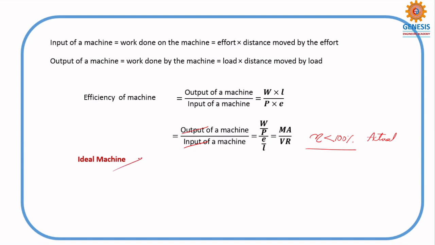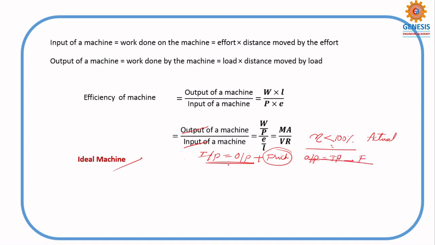The output value is less than the input value because of friction. So input is equal to output plus friction. You are going to lose that, so output is equal to input minus friction.